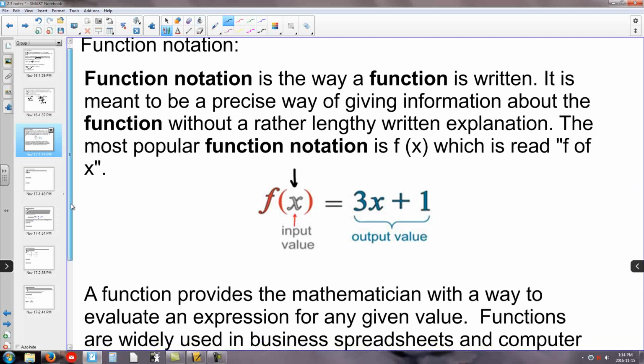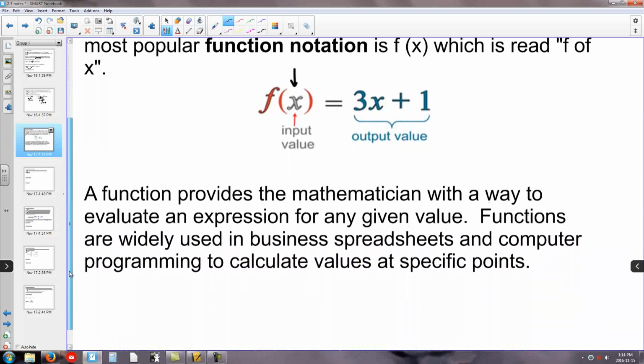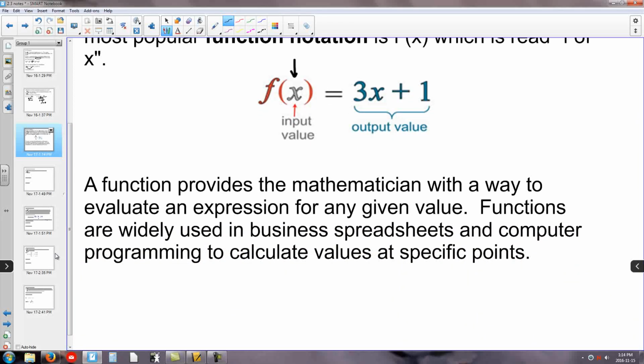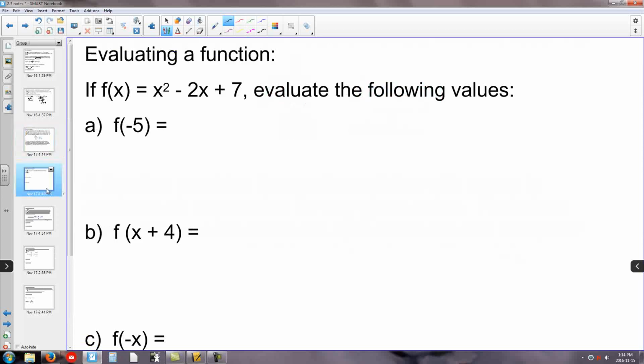We know how to do this math, but the notation sometimes gets difficult for people to get comfortable with. But it is used all the time, especially in Excel spreadsheets. When we program things, we typically use function notation so that the computer can understand input and output.